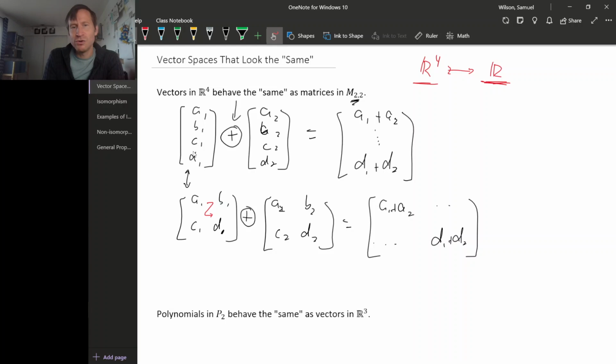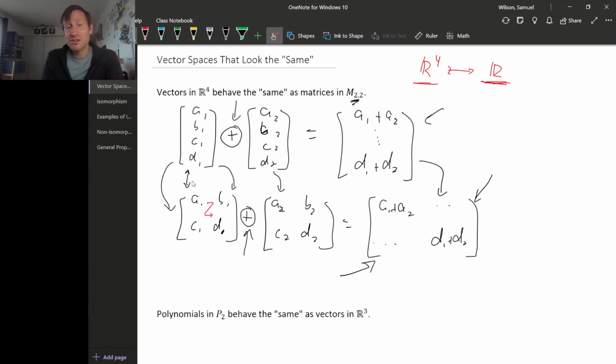If you start with two vectors, you can either add them in R4 and then apply the one-to-one correspondence, or you can apply the correspondence to get from R4 to M22 and then add them in M22 to get this very same matrix down here.